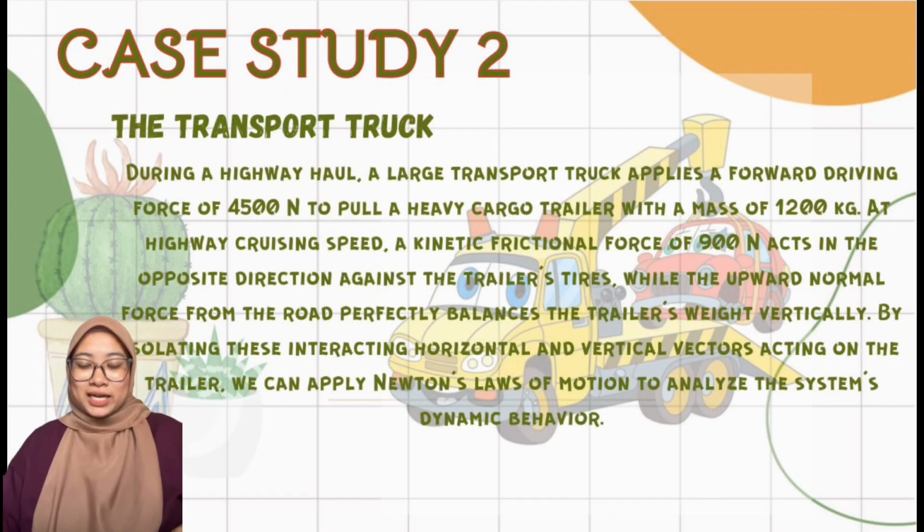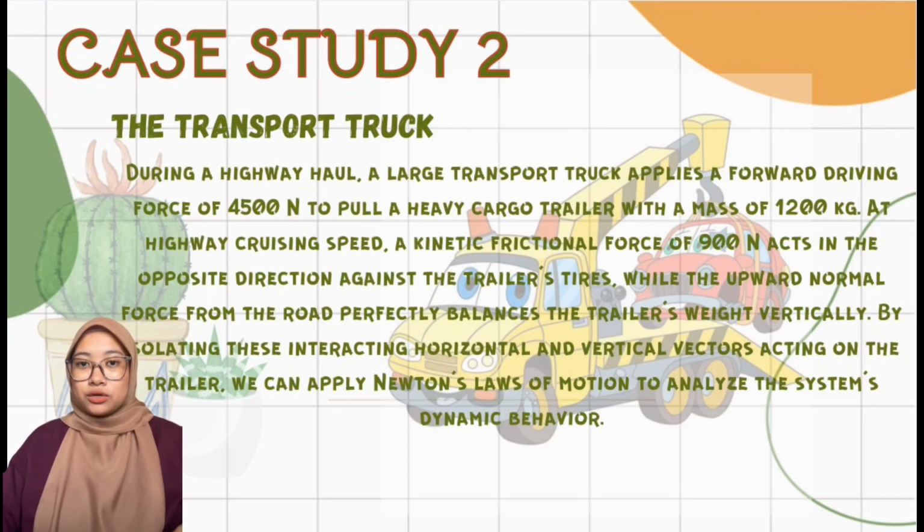Next, we move to case study 2, the transport truck. During a highway haul, a large transport truck applies a forward driving force of 4,500 Newton to pull a heavy cargo trailer with a mass of 1,200 kg.